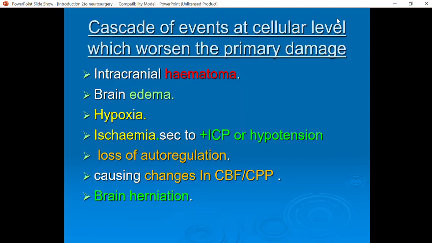The cascade of events, to make you understand the primary and the secondary head injury. Say, for example, there is a primary hematoma.